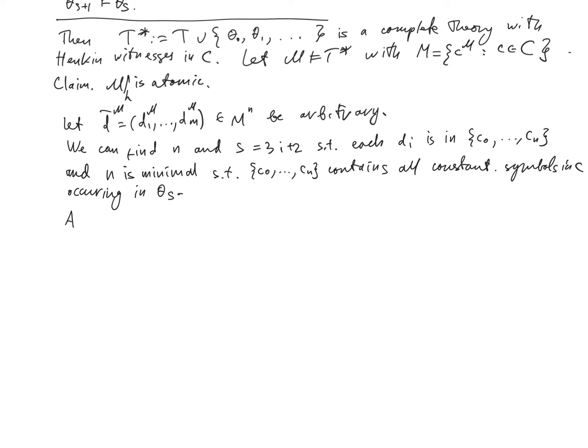Now, by construction again, at stage s plus 1, we make sure that the tuple given by the interpretations of these constant symbols in M, so C0 M through Cn M, realizes an isolated type.